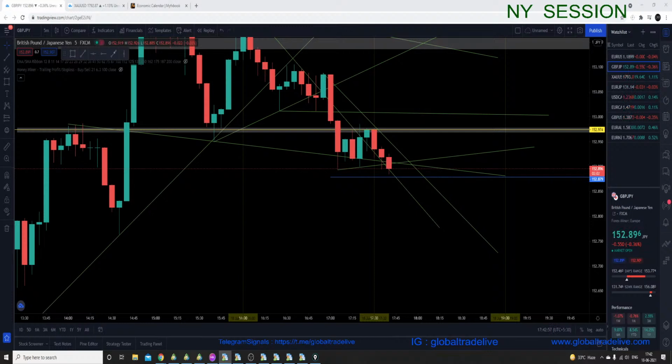It's struggling here. I have just taken a sell trade at this point, and now this candle will be a big candle, I think.